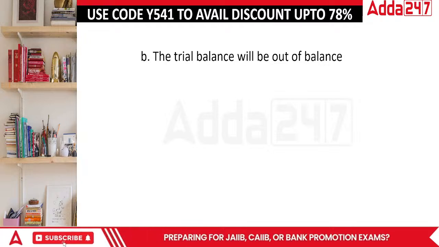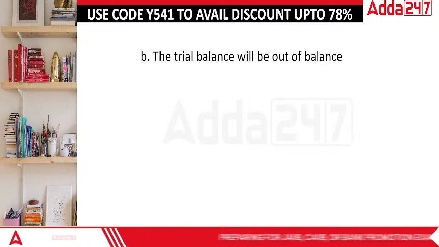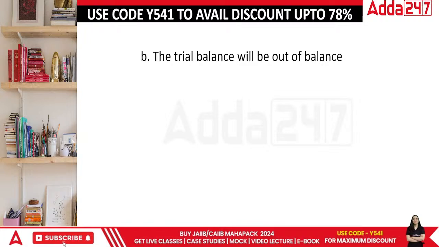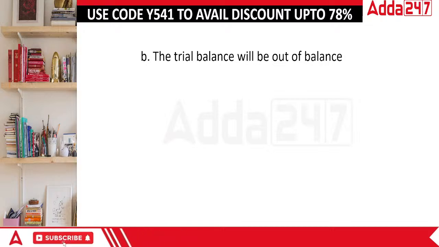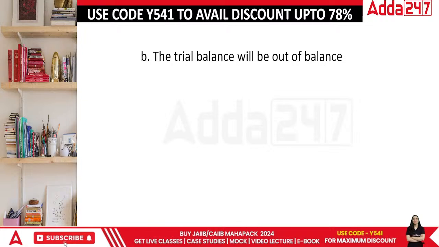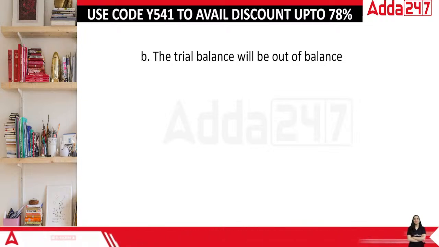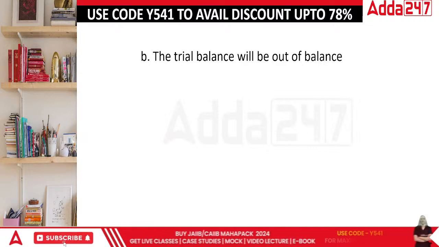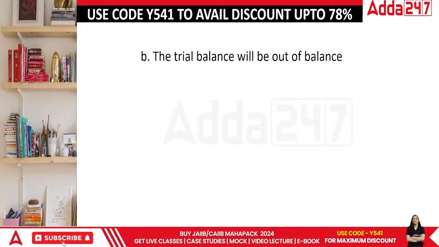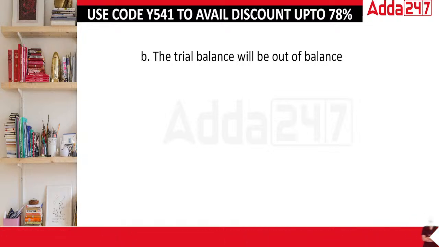You put something on the weighing scale. There is nothing on one part and a lot of things on the other, so there is an imbalance. If the weight on both sides comes out to be equal, only then we call it an equal situation in terms of weight, isn't it? So in this case the trial balance will be out of balance.